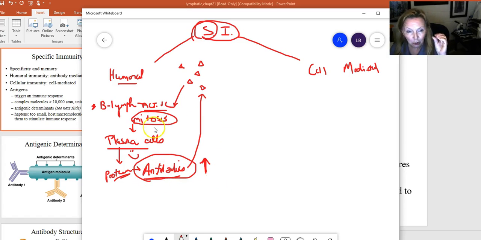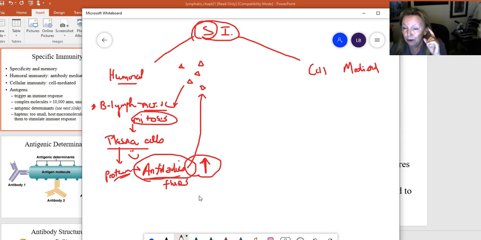So thank you, plasma cells, for producing these antibodies, which are proteins that are going to be released and found in the fluids of the body. And as their numbers start to go up, our signs and symptoms start to go down.